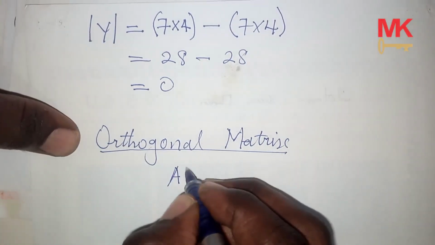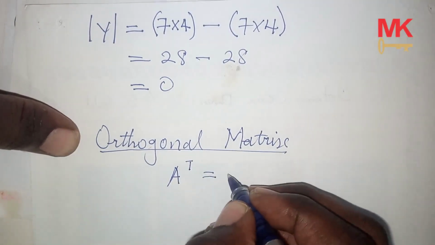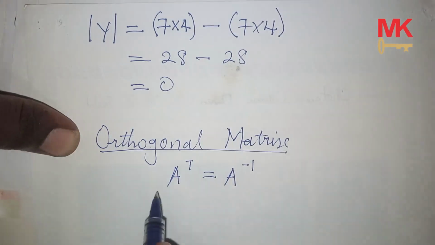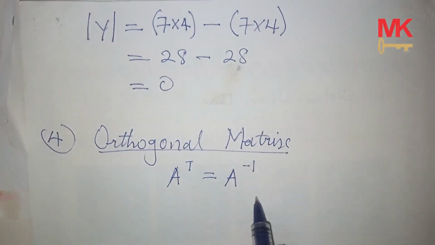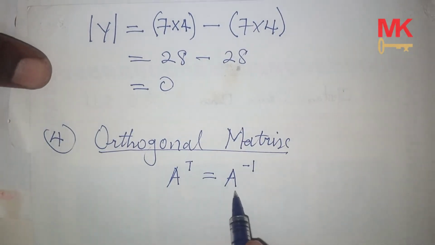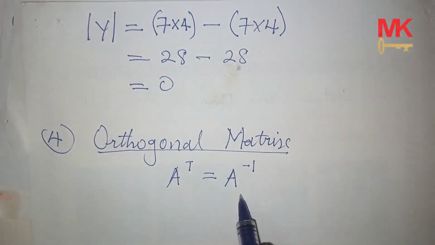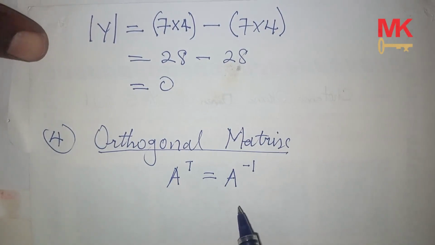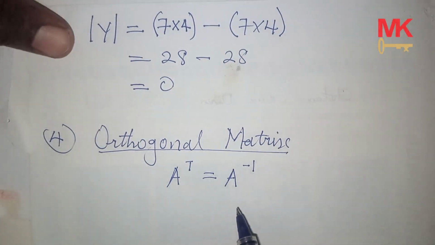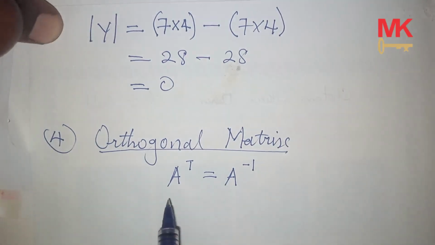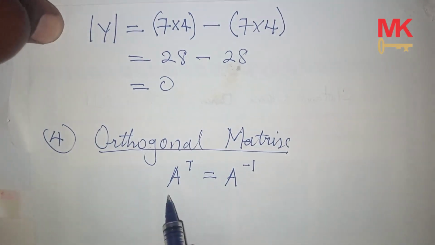So if the transpose of a matrix equals the inverse of that matrix, it is called orthogonal. I'm not going to go into this now because calculating the inverse is going to take us a little while. It's a topic for another day, part of this module 1 of your 100 level course, but not today. So that's the orthogonal matrix. Just take note of this. We'll refer to it later on.